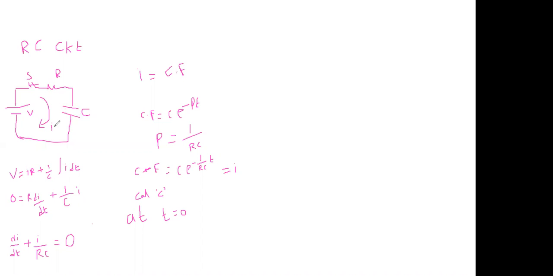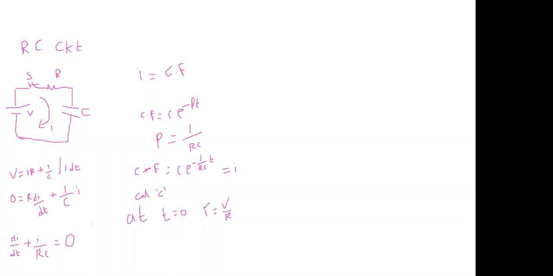Then what is the current? With the capacitor as a short, I equals V by R at t equal to 0. These are the initial conditions for the response of the RC circuit.